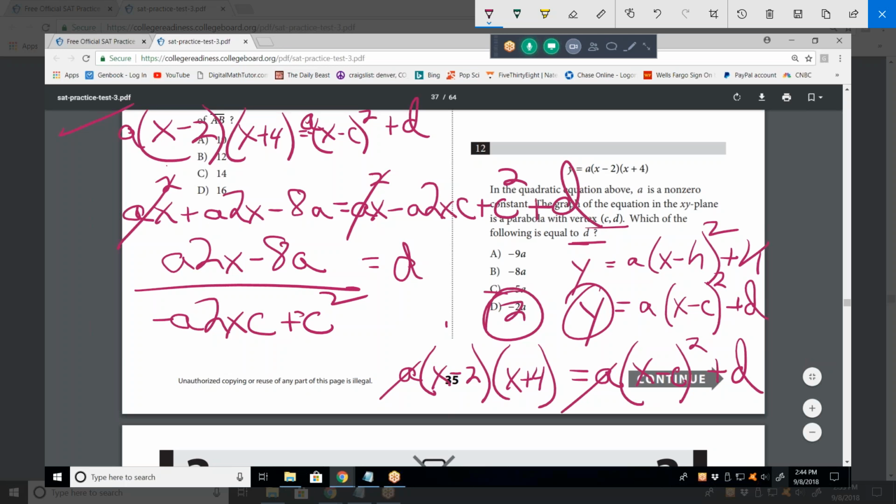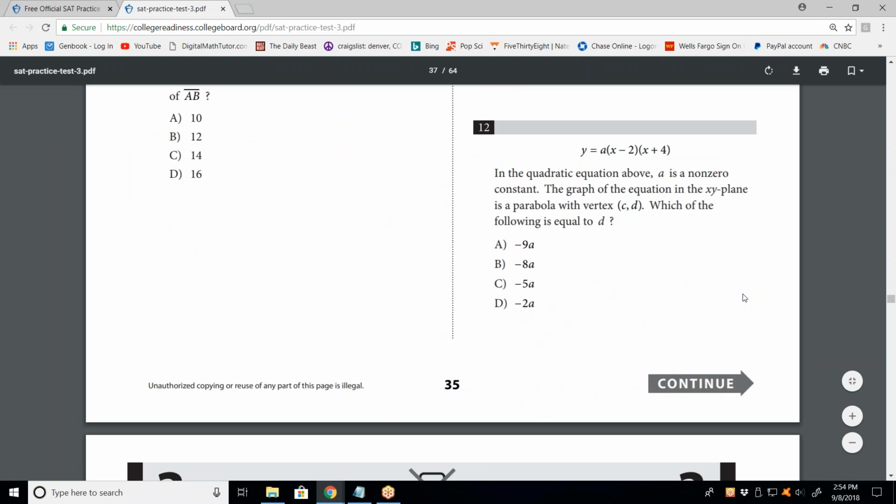I know there's an a in front of that also; I just left it out. Now the a's all cancel. You get 2x minus 8 over 2xc plus c squared. Well, that's enough time spent on this problem, I guess, since I can't figure this one out either. Let's go on.